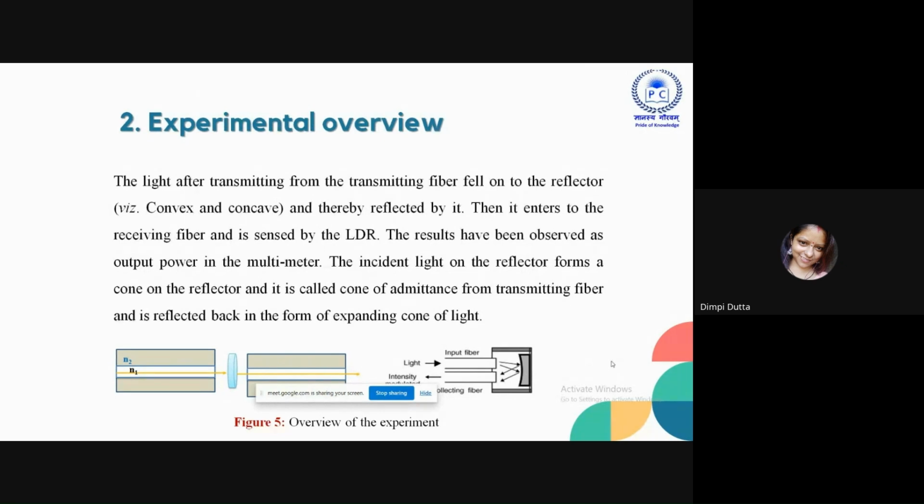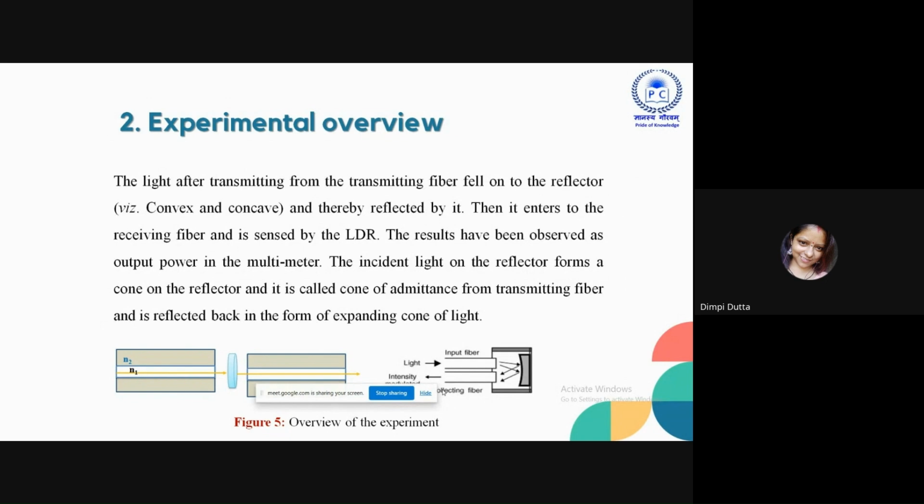In that chamber, I have used three dissimilar media. First, without keeping anything, that is in the air medium, I have checked the information, how much displacement it can detect via the receiving fiber.